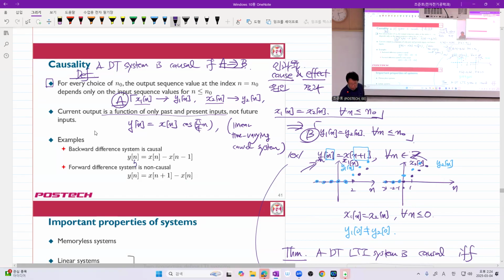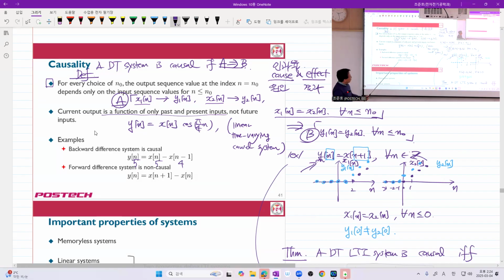So if n is 5, this is x[5] and this is x[4], right? And this is called a backward difference because it is a difference between current and past, which is backward, okay? And this is the forward difference.